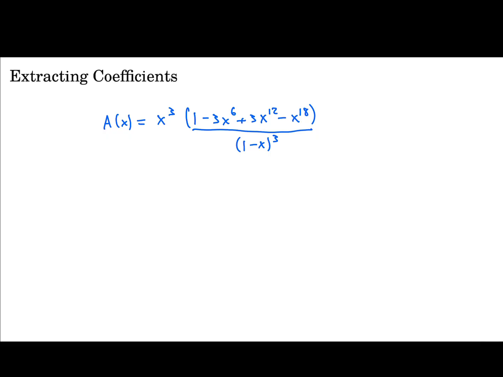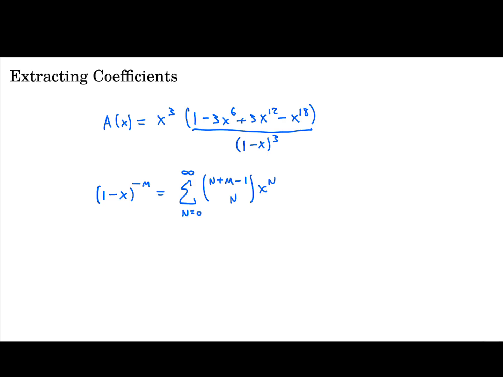And what we're going to use first is this bottom part. How do we deal with this 1 over (1 minus x) cubed? Well, we saw in a previous video this negative power identity. We saw that (1 minus x) to the power of minus m was equal to the sum from n equals 0 to infinity of (n plus m minus 1 choose n) x to the n.